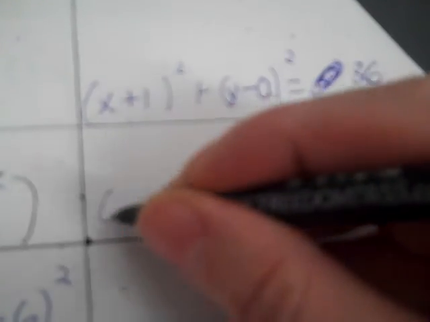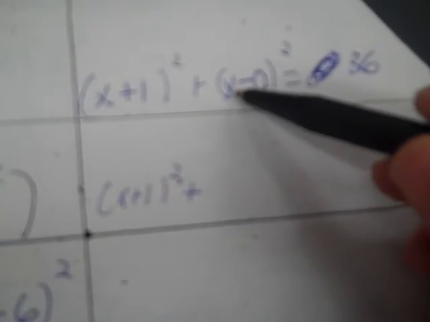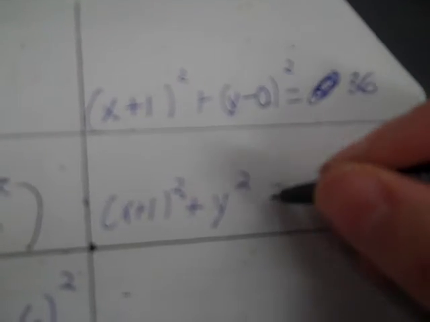See, if I put 6, I'm just making the problem more confusing for myself. Now, there's one thing, when 0 is being subtracted in here, you need to rewrite this equation. You keep the x plus 1 to the second, but then here you just put y without parentheses to the second, because subtracting 0 from anything is just y, okay? That is how that needs to be written.